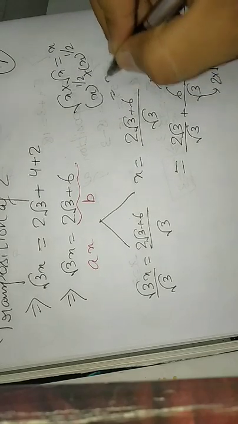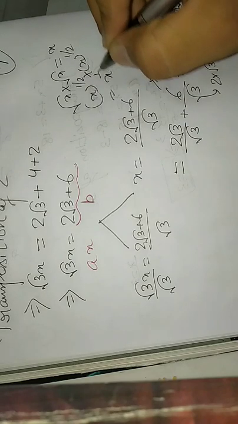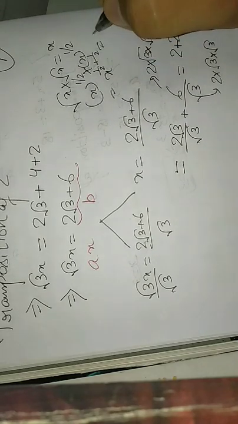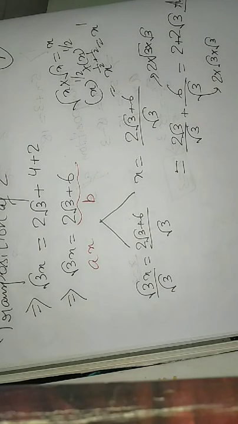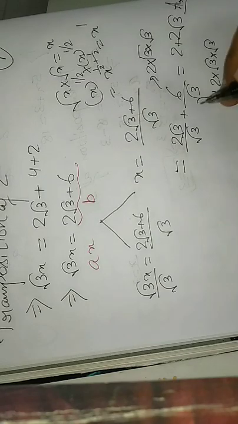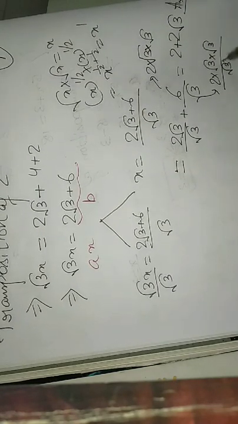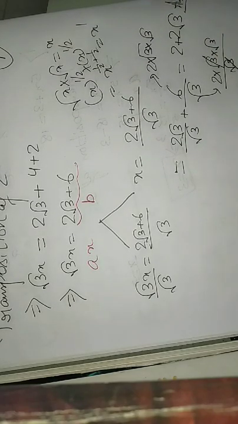Bases are same, powers will be added, 1 by 2 plus 1 by 2 according to the law of exponents. Half plus half gives you 1, so x power 1, right? Understood? So this is 2 into root 3 into root 3 by root 3. 1 root 3 and 1 root 3 gone. So this is 2 root 3. Answer.